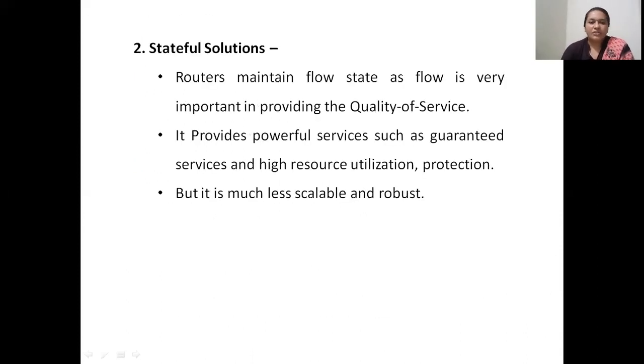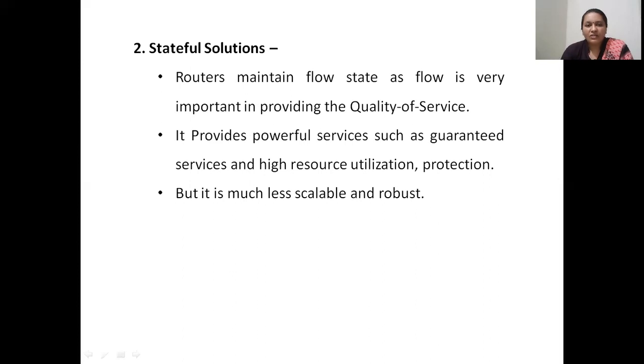The other type of solution is stateful solution. In this, the routers will maintain the state of flow which is happening in the network, and hence it can provide powerful services like guaranteed services, high resource utilization, and data protection. But this is less scalable and less robust compared to stateless solution.